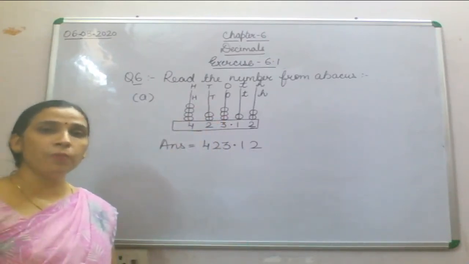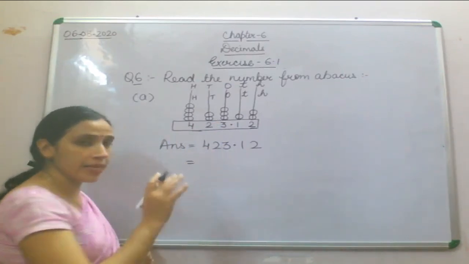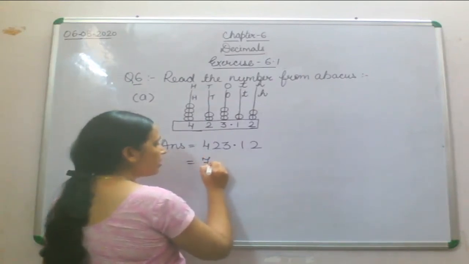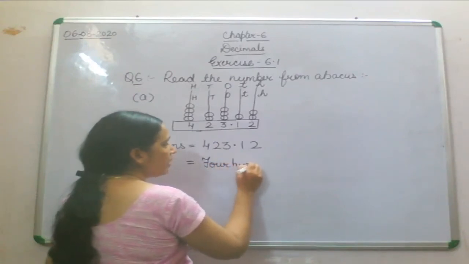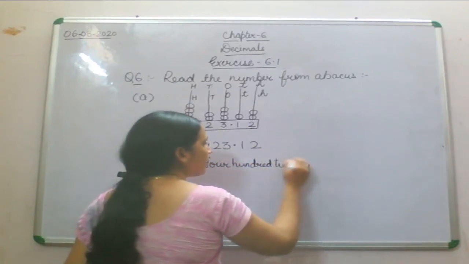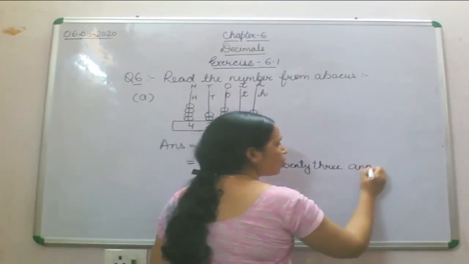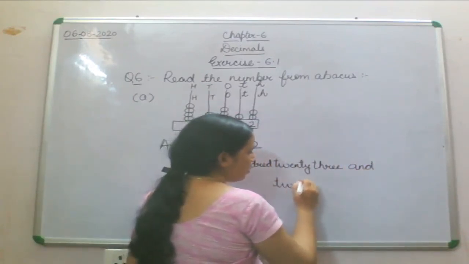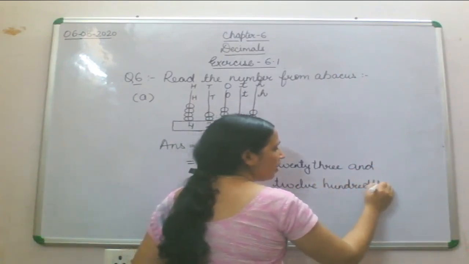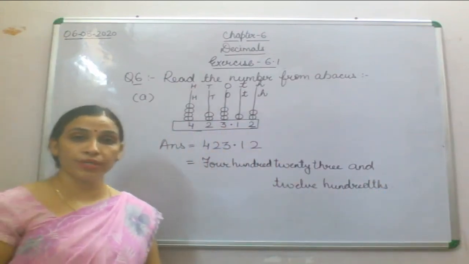So let's do one more practice of it. Again, when you are writing an answer in numbers, you are going to write it in words also. Now in words it will become 423 and 12 hundredths. You must write that decimal number in words also.